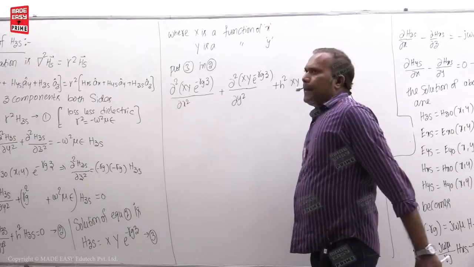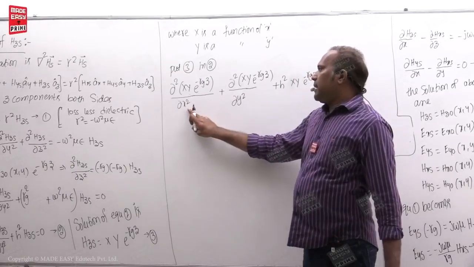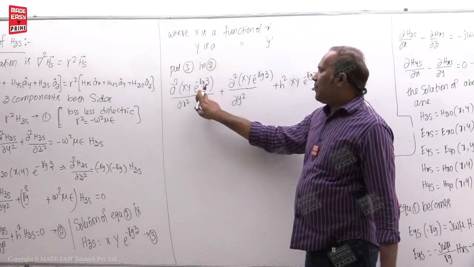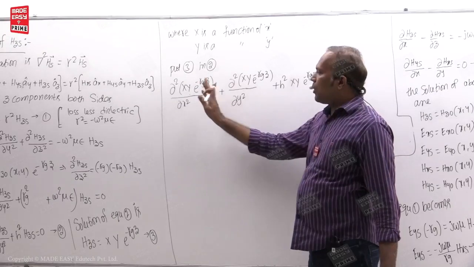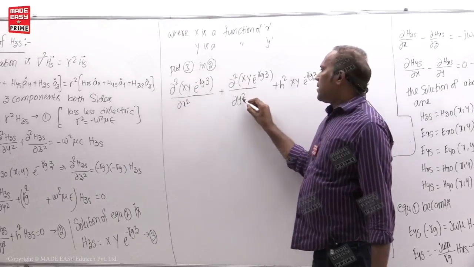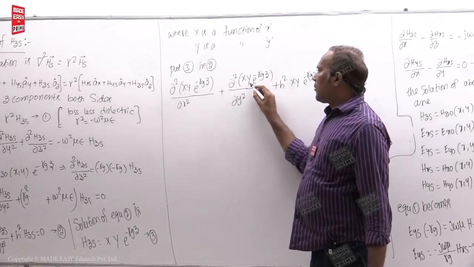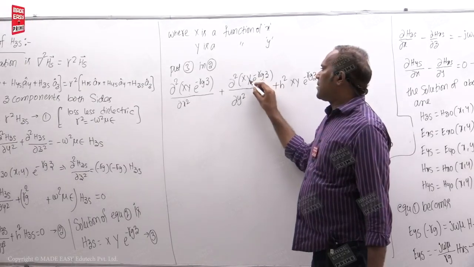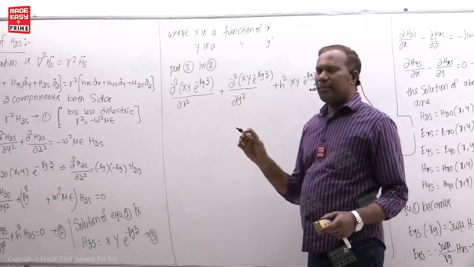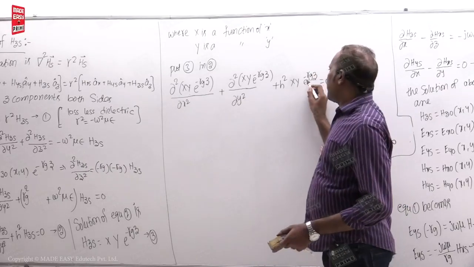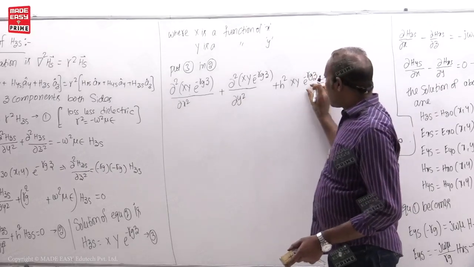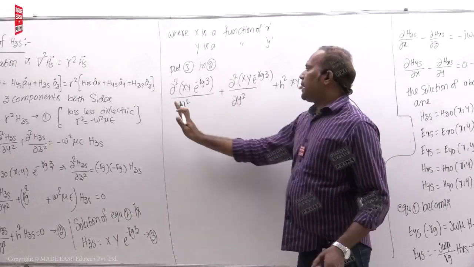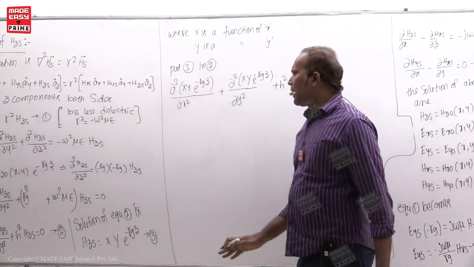Students, partial differentiation with x means only you have to differentiate this one. This Y e power minus gamma g z comes out. Here partial differentiation with y means you have to differentiate only the Y equation, but X e power minus gamma g z comes out. So here also e power minus gamma g z, here also e power minus gamma g z. I will write one more step.